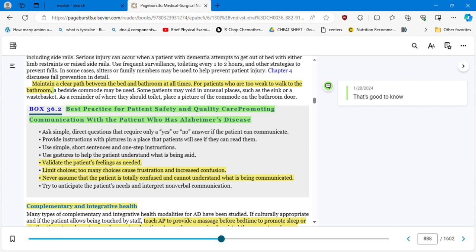So, for example, that patient that was frightened because he didn't like that dinner table, you're not going to ask which one do you like the most, or do you prefer table 1 or 3. You just move him to another table. Limit the choices. Never assume that the patient is totally confused and cannot understand what is being communicated.